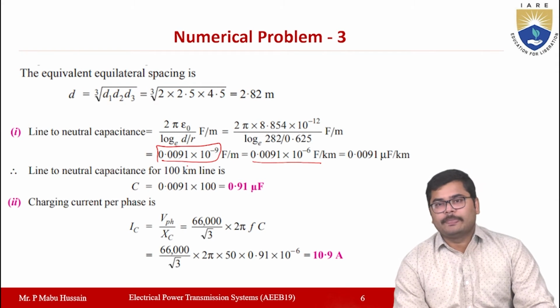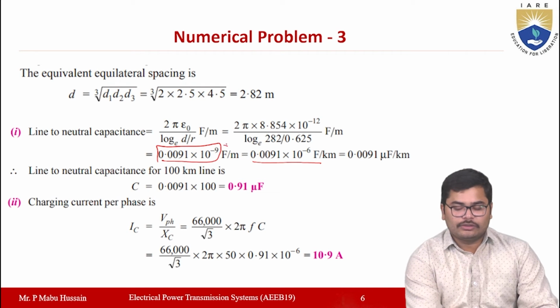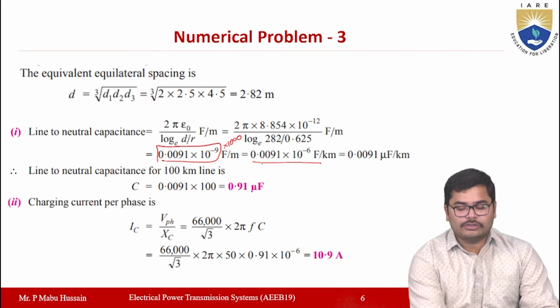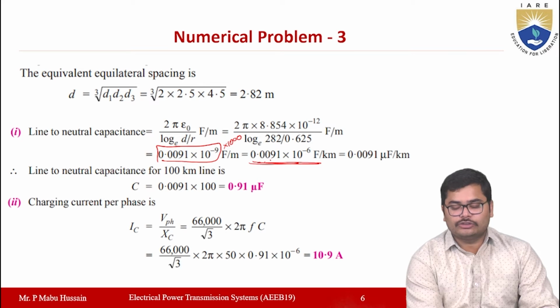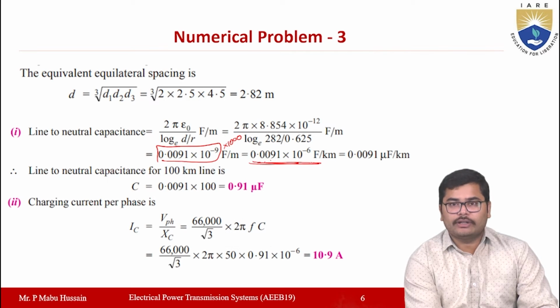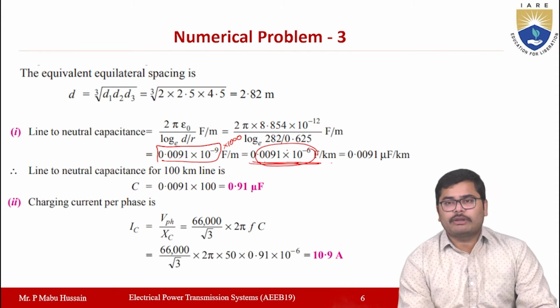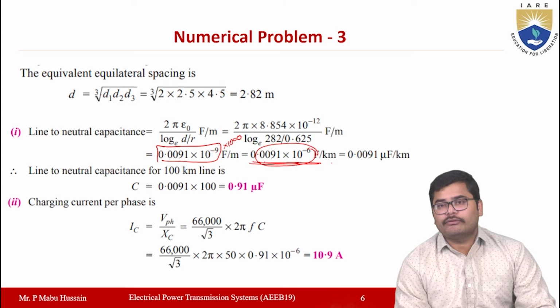If you want it for 1 kilometer, you multiply this value by 1000, so you get 0.0091 into 10 to the power of minus 6 farads per kilometer. This is the capacitance per phase per kilometer.